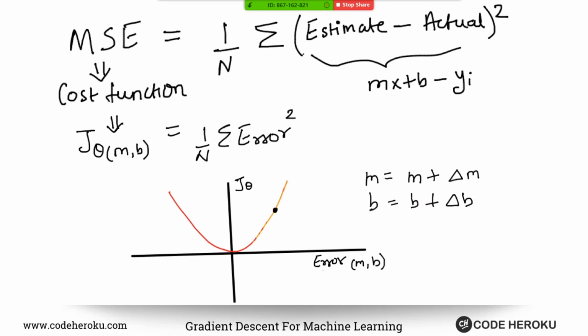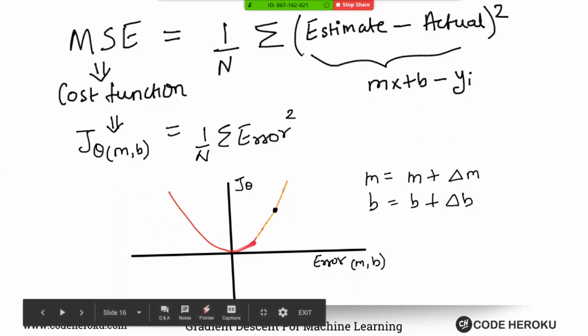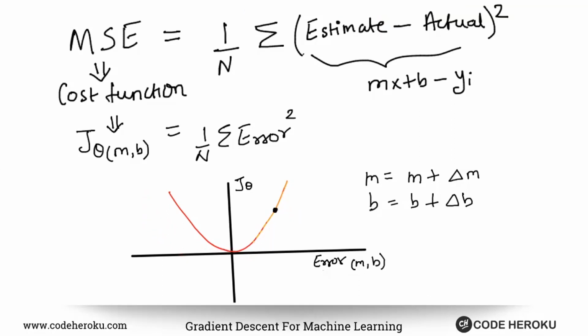Now, can someone tell me, from whatever you have learned in your high school, what is the name of the concept that is going to help us minimize something? We want to minimize this error, and this is what the function of error looks like. What does calculus tell us?